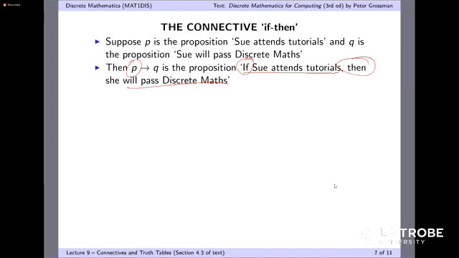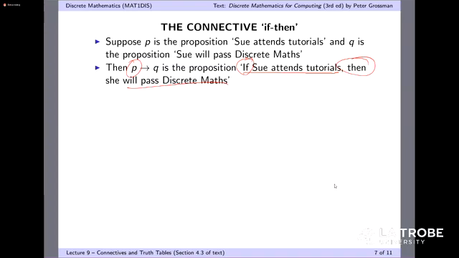Now, Sue attends tutorial, but she does not pass the subject. What's the conclusion for this implication here? False. What made you think that? The claim is wrong then. My claim was, if you attend tutorials, then you will pass the subject. You attended tutorials, but you did not pass, so that means I am wrong. So that's why it's false.